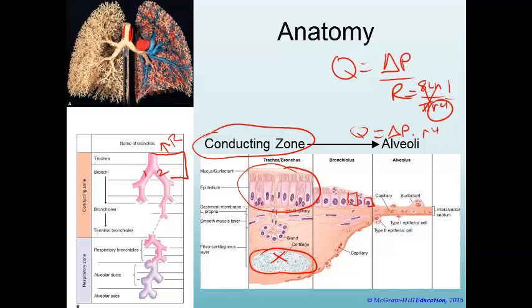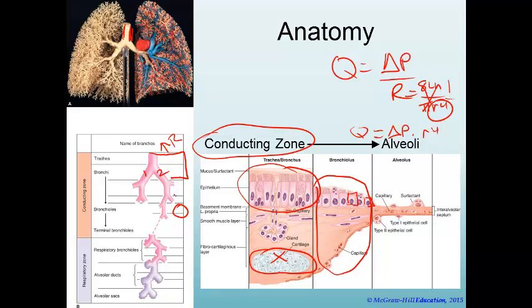The only way that resistance is going to change is when you have an obstruction, such as an accumulation of mucus, you swallow a Lego, whatever, some type of obstruction, right? You're not going to get any type of appreciable constriction or dilation until you get down into the bronchiole area.